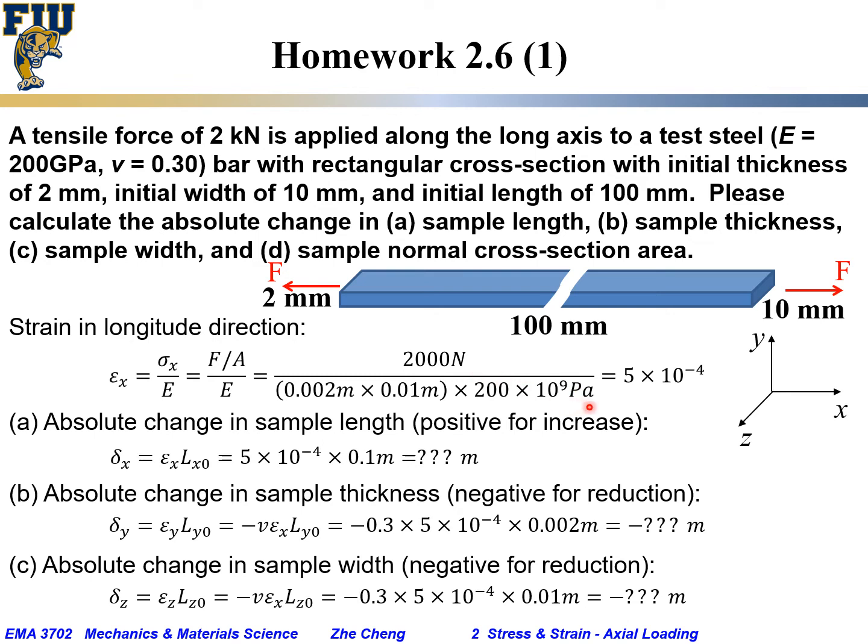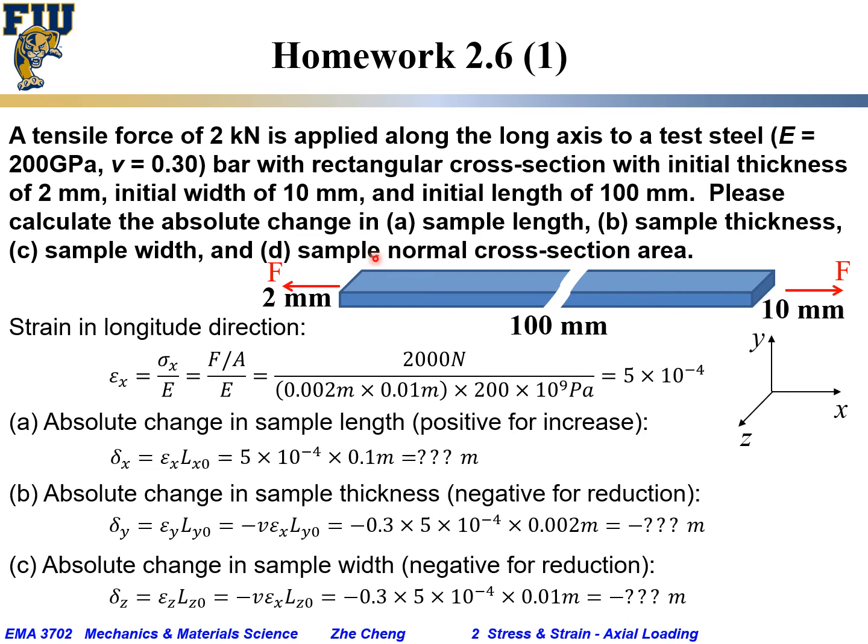If you plug the number in, we would have the epsilon x, the strain along the x-axis, the longitudinal axis, would be 5 times 10 to the minus 4, a very small number. Now we have the strain along the longitudinal axis. What do we want?